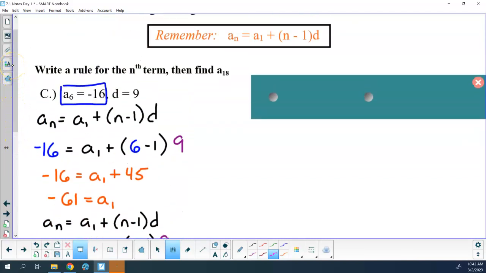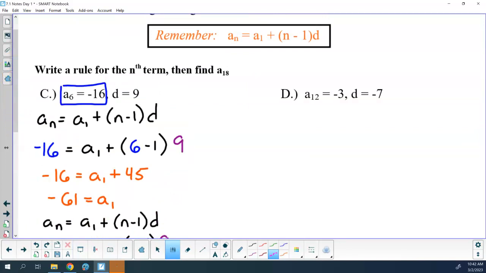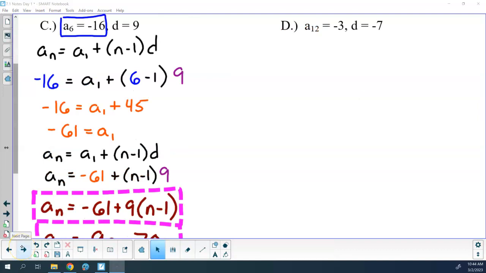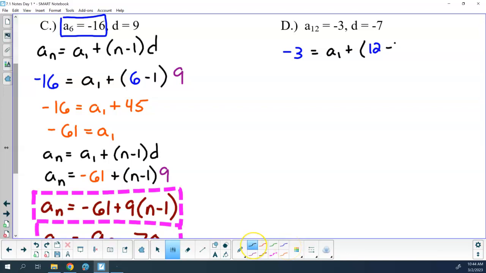Try that on this. Three is going to be the first term minus 77. 12 minus 11, that's negative 7.